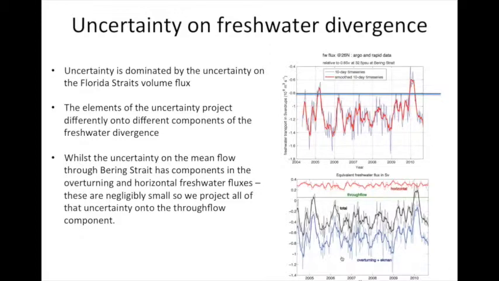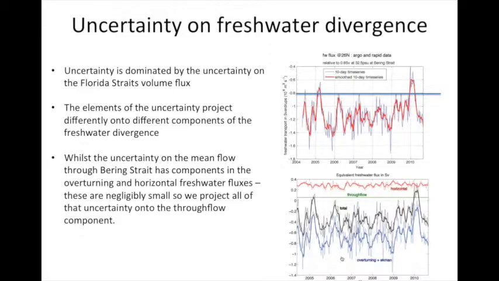And what that means is that if we're getting the transport through Bering Strait wrong, that would move this down, for instance. What happens is that this also moves down by almost exactly the same amount. So although you will change the freshwater flux, the divergence remains almost unchanged. So there is an uncertainty, it's small, and it all goes onto the free flow component.